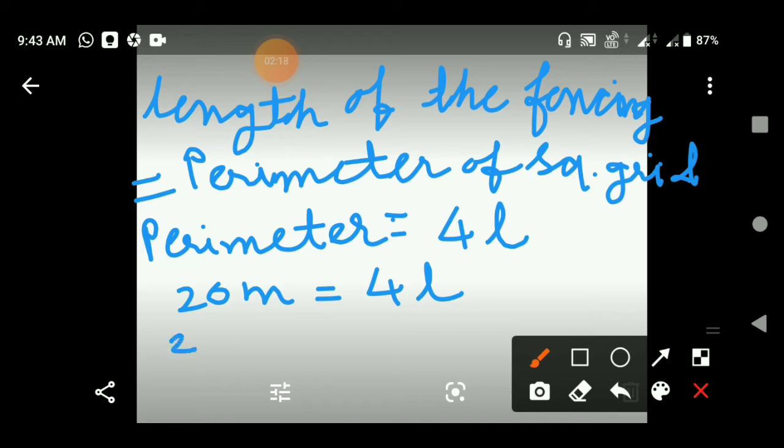So 20 divided by 4 is equal to length. When we divide 20 by 4, we will get 5. So length is 5. 5 meter long is one side of the garden.